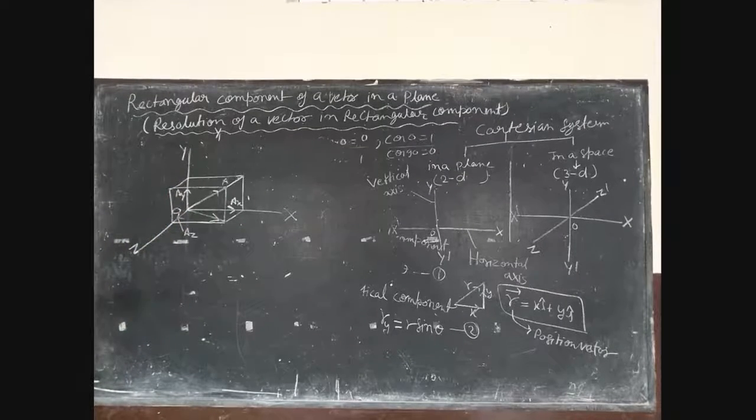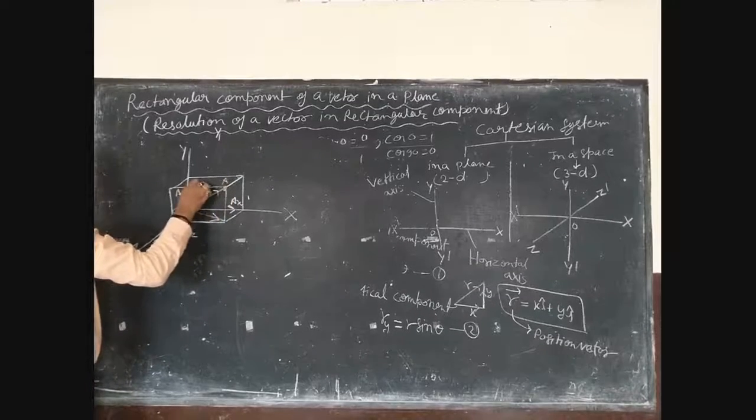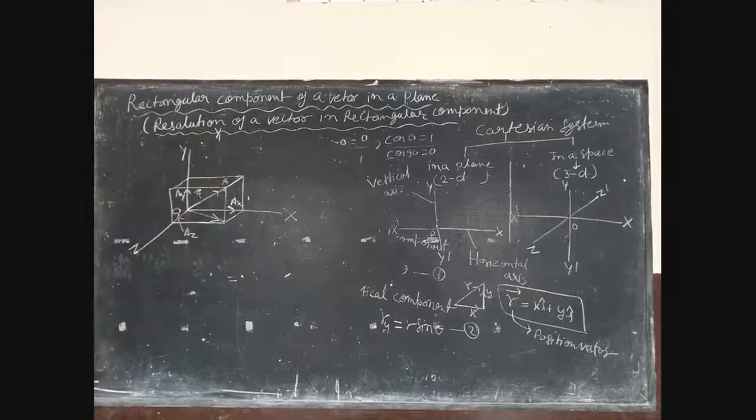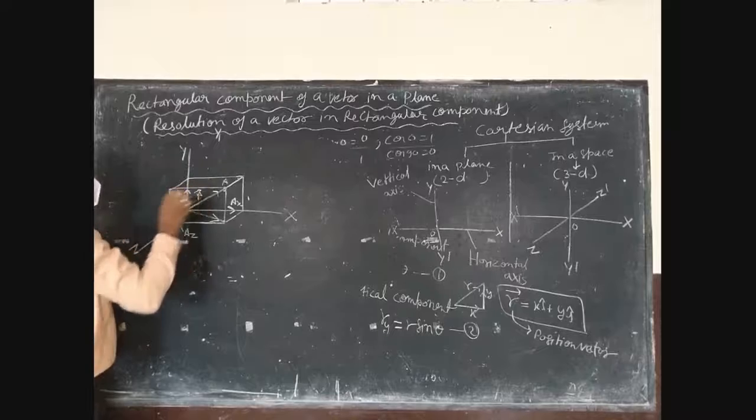So for this vector, let's say vector P is a position vector, or we can say vector A directly.